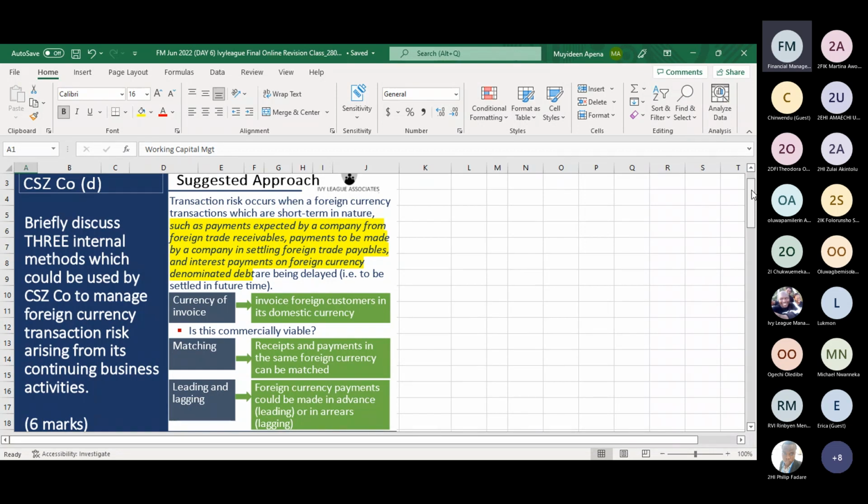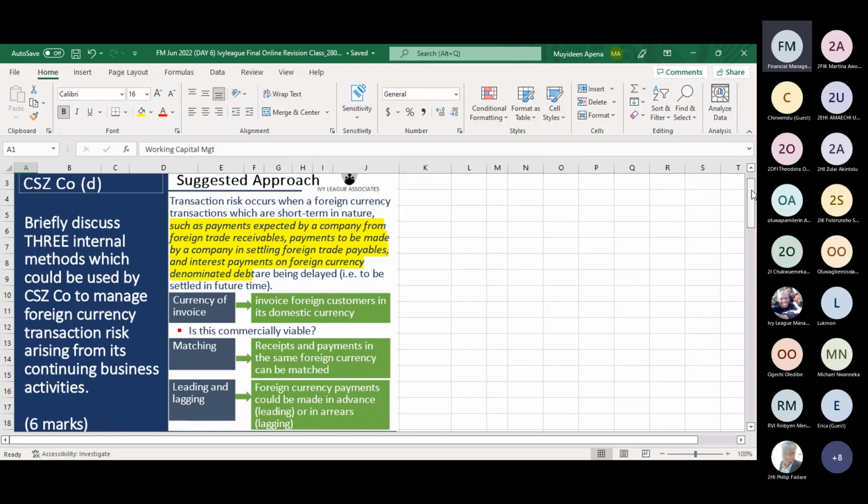So if it's expecting some inflows in, let's say, euros, and the company uses dollars, for instance, and perhaps it also needs to make payment to some suppliers in euros, it could just open a euro-denominated account, wherein all receipts will be made into the account by foreign customers, and then all payments to the suppliers would also be made through that account. So this is what we mean by matching. Receipts and payments in the same foreign currency can be matched.